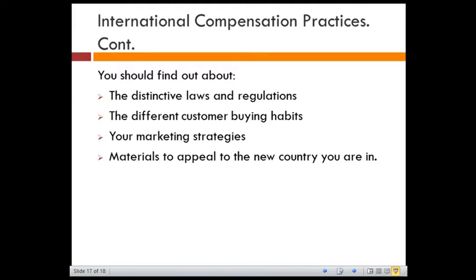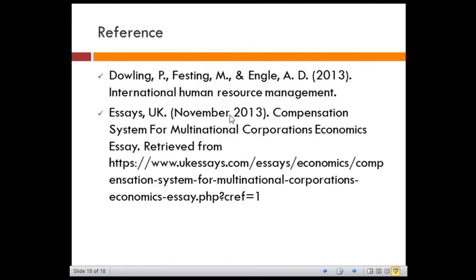So that is basically what we discussed as to why it is important for MNEs to understand the compensation practices of other countries. This is the reference page.